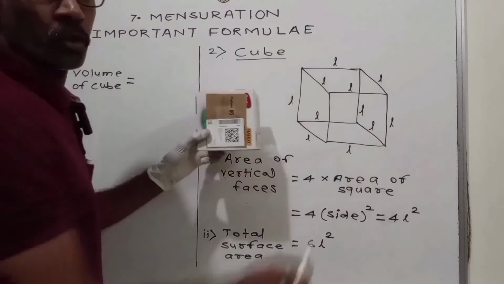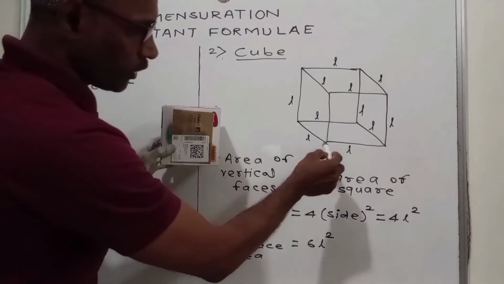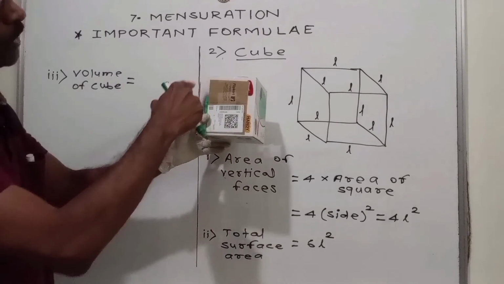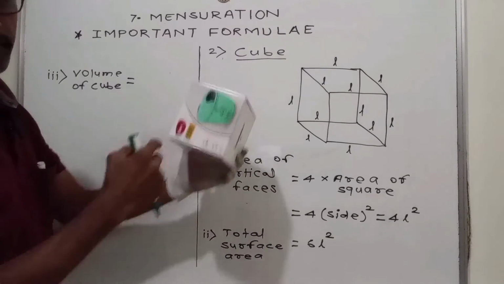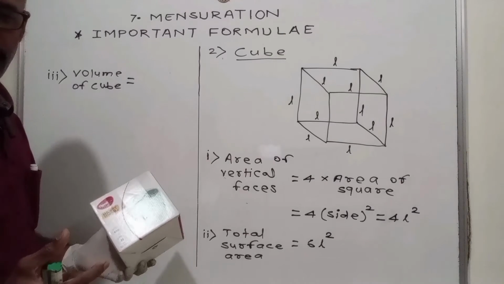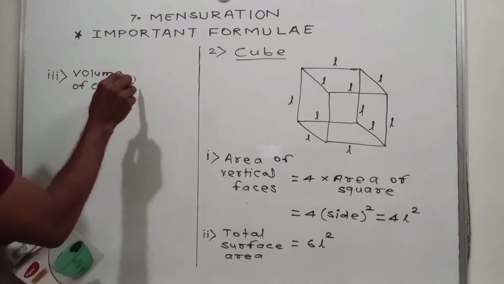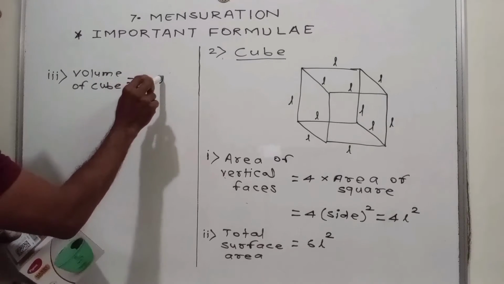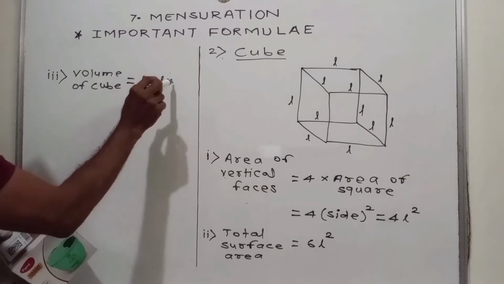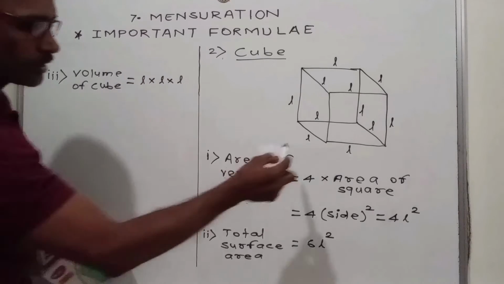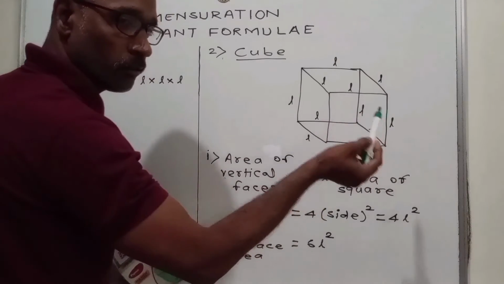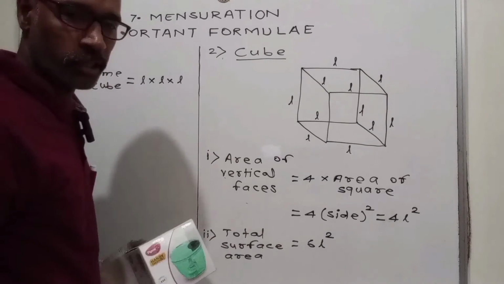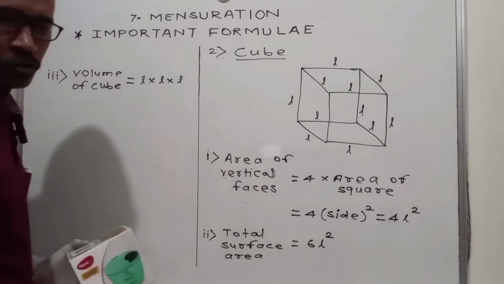But in cube, length of every side of square is the same. Therefore, instead of LBH, we write here L. Instead of B, we write L. Instead of height, we write L. Breadth also here L, because all sides are congruent.